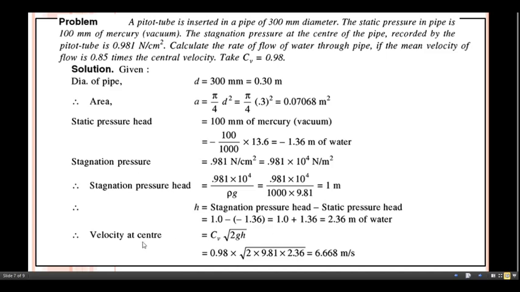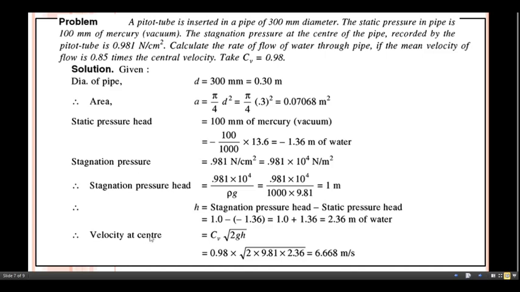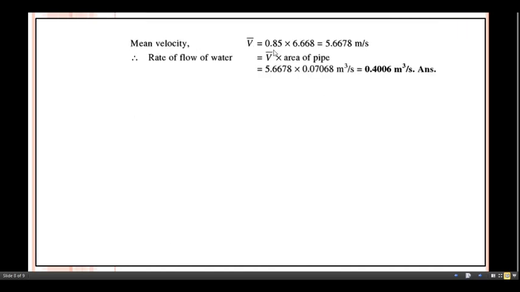Get the velocity at the center, Cv into root of 2gh, using this relation. Substitute the values of Cv, g and h, and we can get 6.668 meter per second. The mean velocity is 0.85 multiplied by the velocity at the center, 6.668, which gives 5.6678 meter per second.